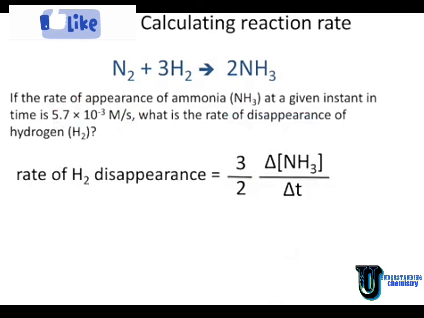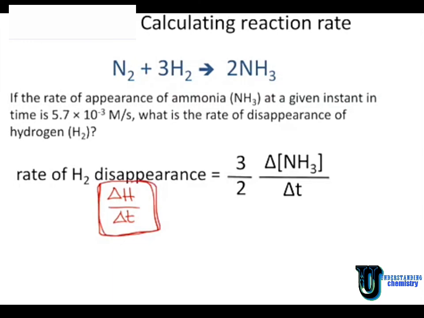So the rate of H2 disappearance, and let's just write that again like this. All I did is I'm just solving for this term here, is going to be equal to 3/2 times the rate of the appearance of ammonia. So I just consolidated everything to one side to get this term that I'm trying to solve for alone.